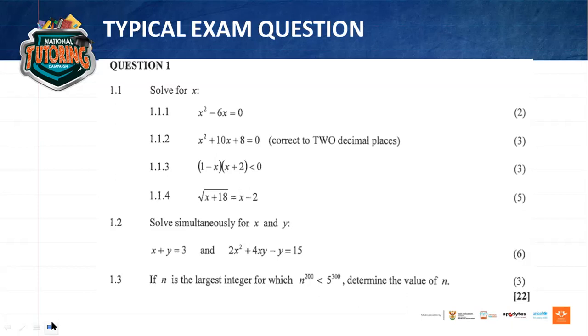So let's say you start with 1.1. For 1.1, where they say solve for x, generally the first thing that we do is to make the right-hand side become 0.